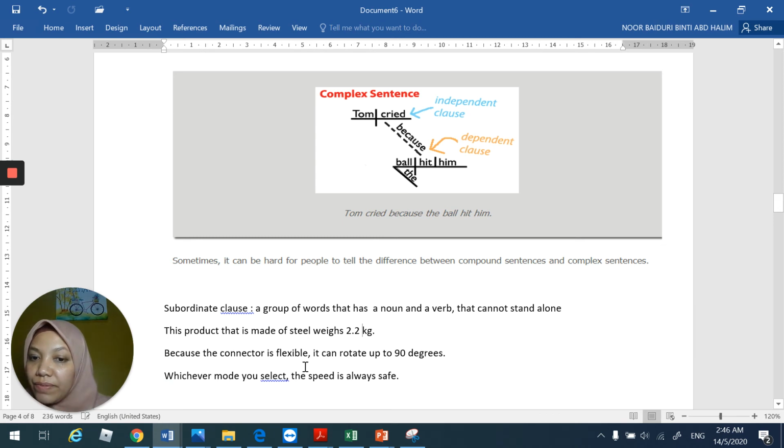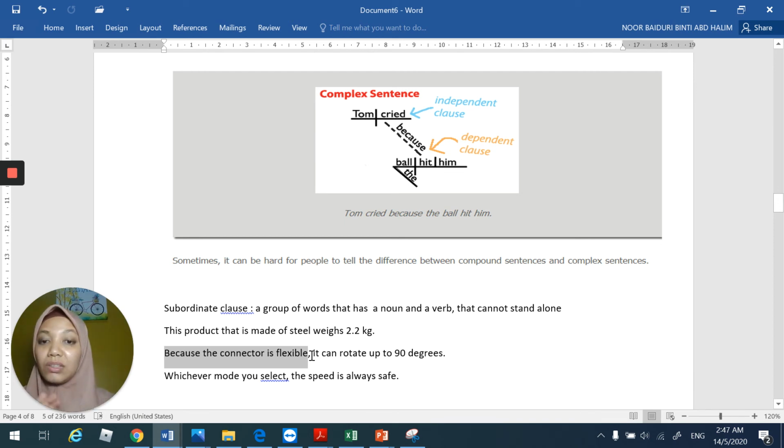"Because the connector is flexible, it can rotate up to 90 degrees." Okay, you cannot end the sentence here at "because the connector is flexible". No. From here up to here, we call it a subordinate clause. Alright? It is a dependent clause. Dia tak boleh stand alone. When you have from here up to here, you have a hanging sentence.